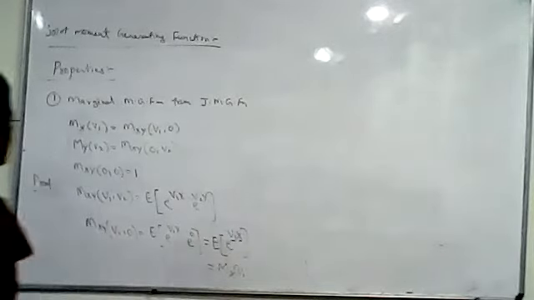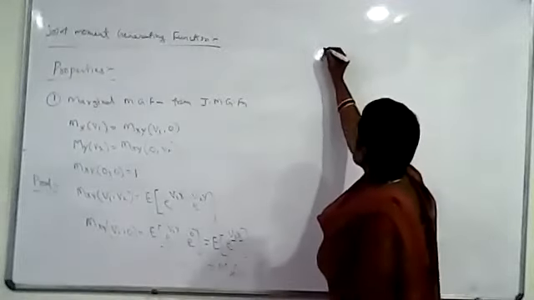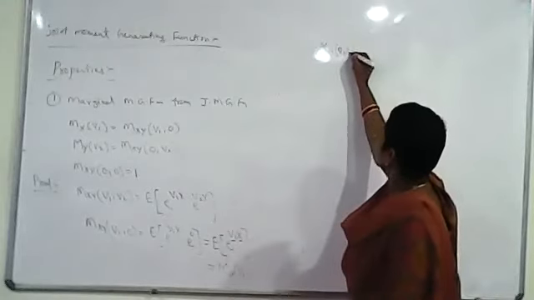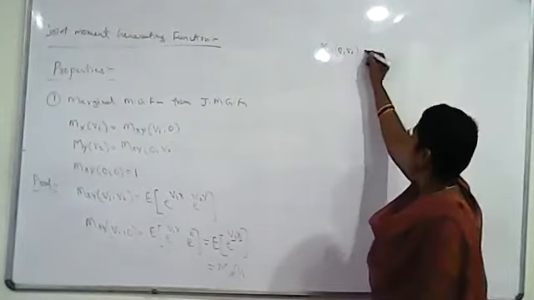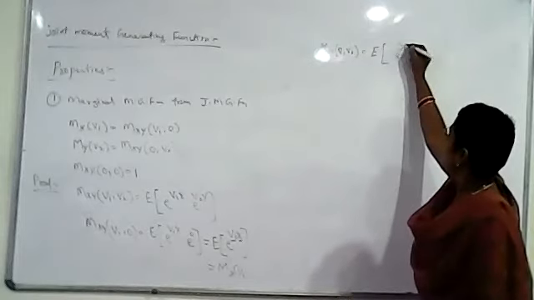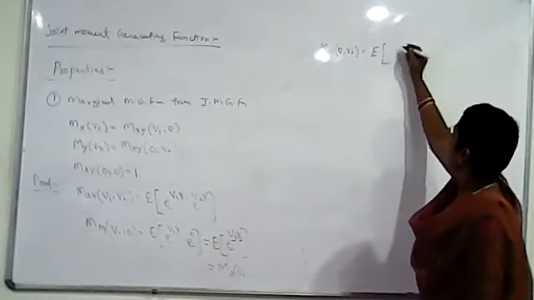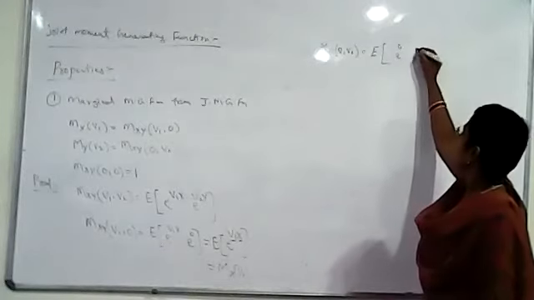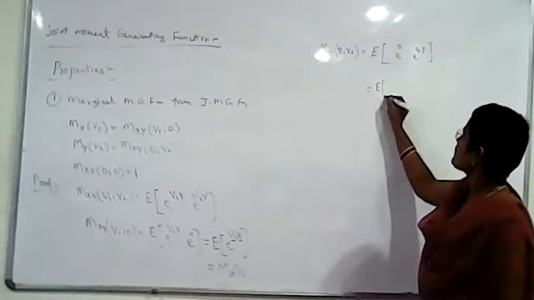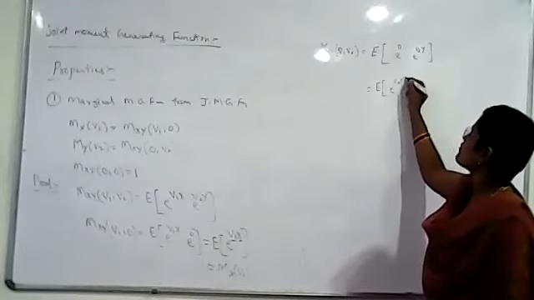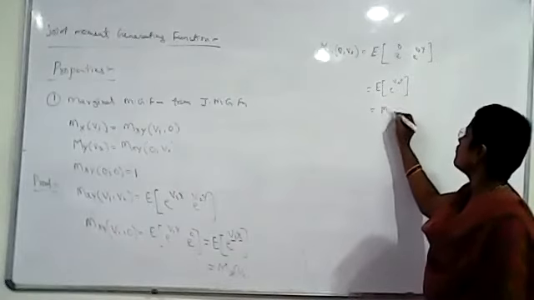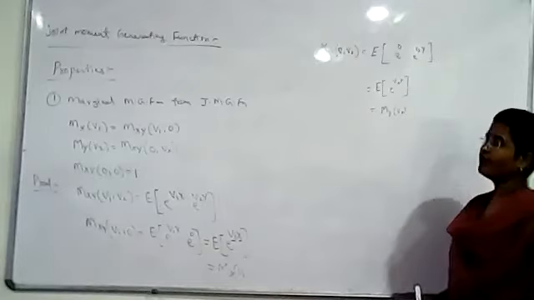Now similarly, in M_XY of v1 comma v2, we substitute v1 is equal to 0 and keep v2 as it is. Then we get e power 0 and we have v2 Y. This is the expected value of e power v2 Y, and we have only v2 and the random variable Y, so it is M_Y of v2.